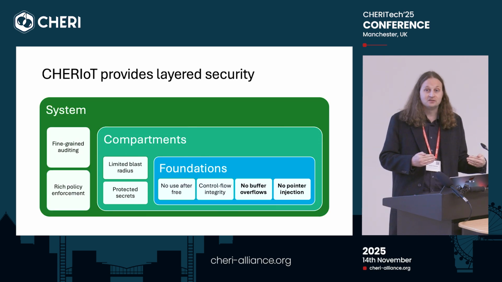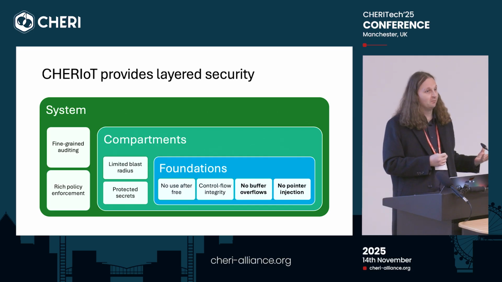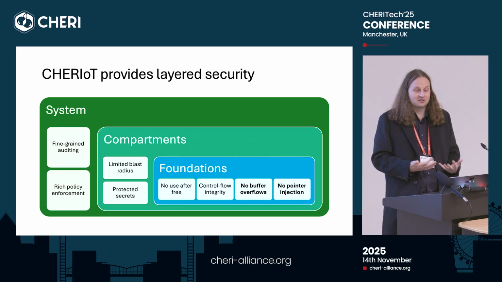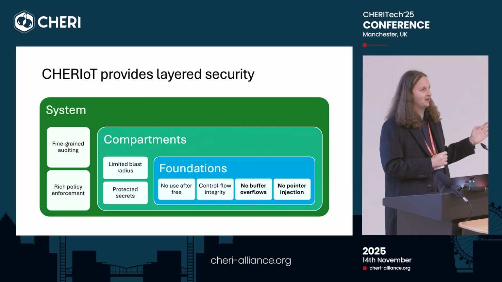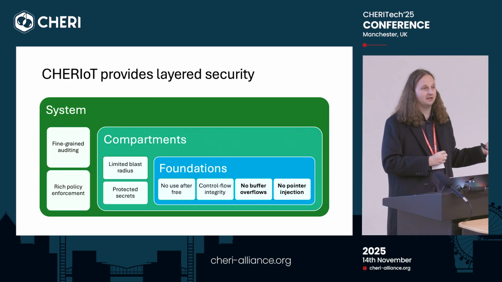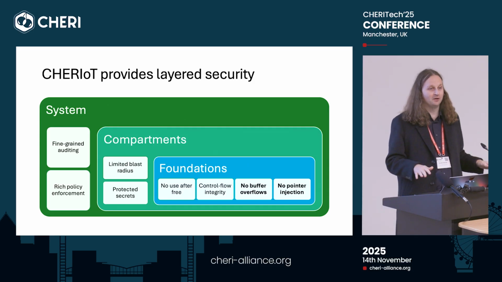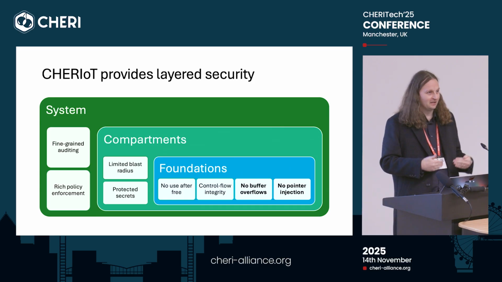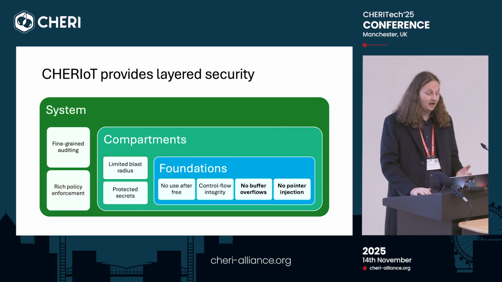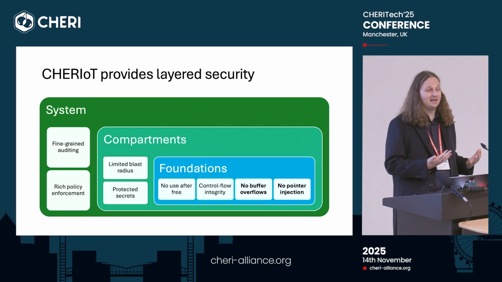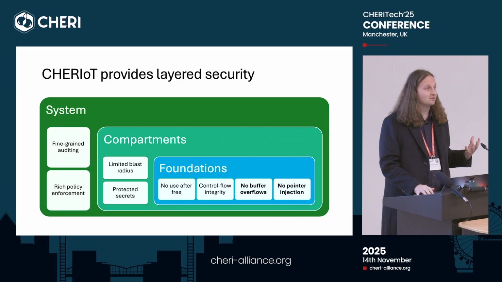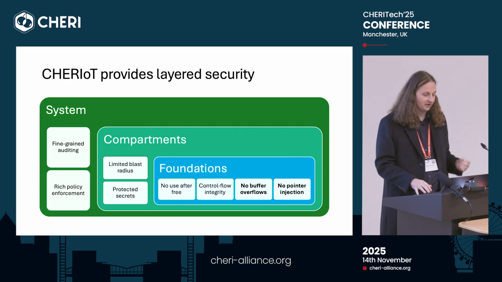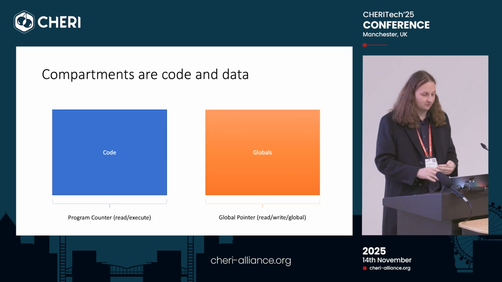But then around that, we want to be able to reason about what these compartments can do, and we want to be able to write policies that say, I've got this bit of third-party code that I got from a supplier I don't trust, or from a random GitHub repo that is definitely not written by North Koreans, or that I vibe coded and is definitely not full of maliciously introduced training data. And I want to be able to say, if that is actively malicious, what is the worst that can happen? And we built our ABI and everything on up to allow you to do that kind of reasoning.